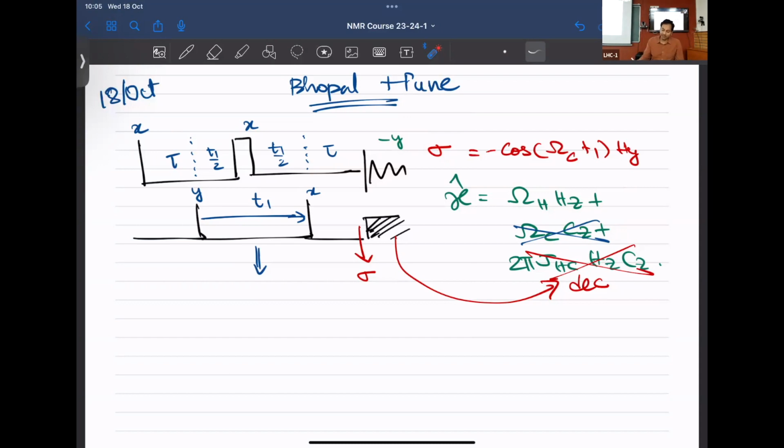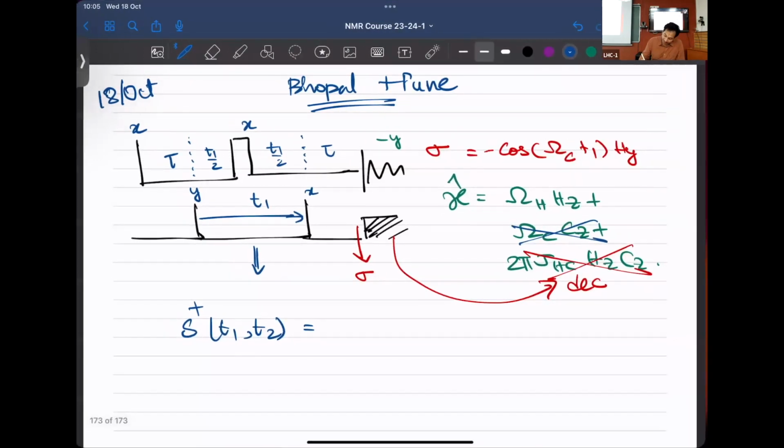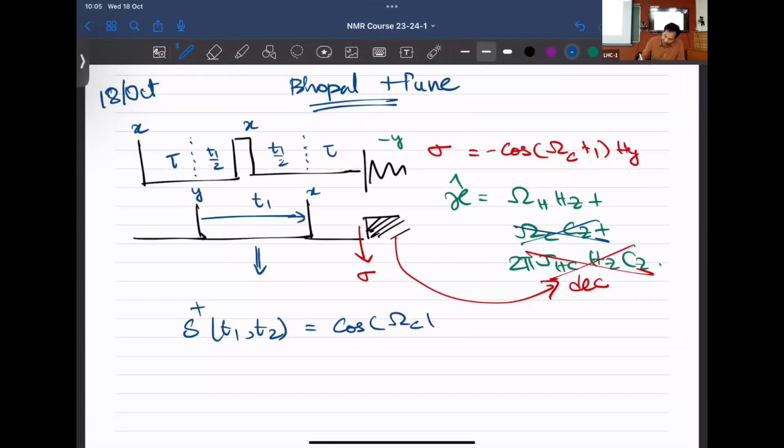So with that being the case, what you are able to see is that your final signal, S of T1, T2, will be something like cos of omega C T1 times exp(i omega H T2). This is where we left off.